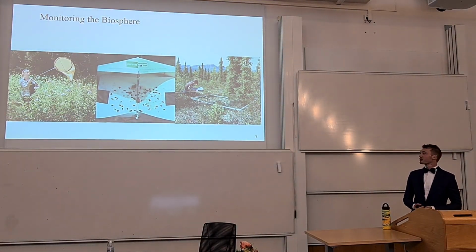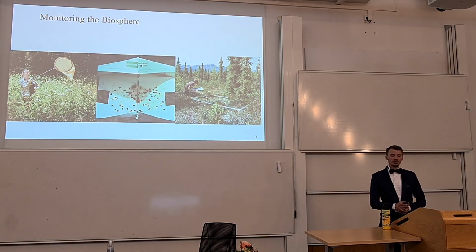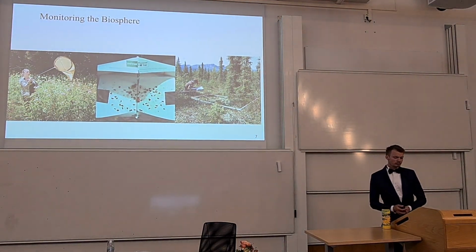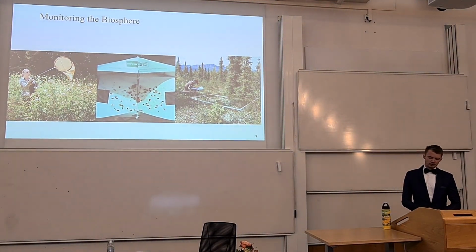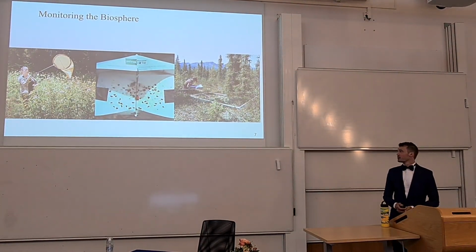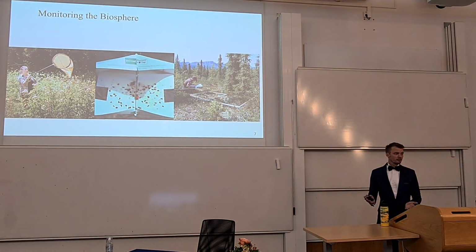You have sweep nets, or you place out traps, or you have quadrat surveys like this, and you collect your samples. These samples can later be studied, either visually, with microscopes, or with DNA sequencing. These kinds of methods are useful, but it's hard to get a high resolution in time. You can't empty your trap every minute of the day.